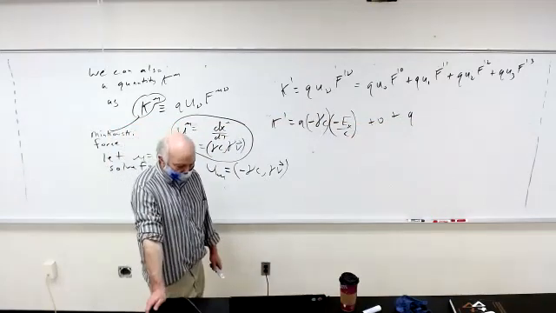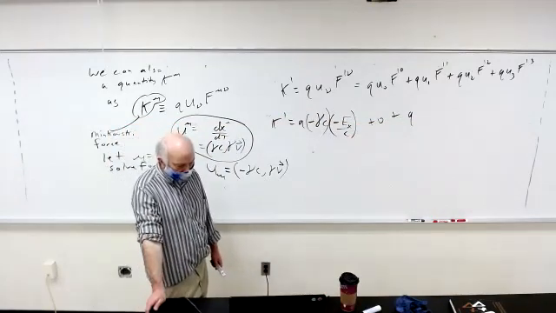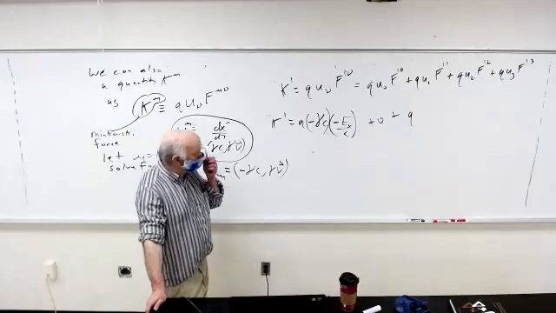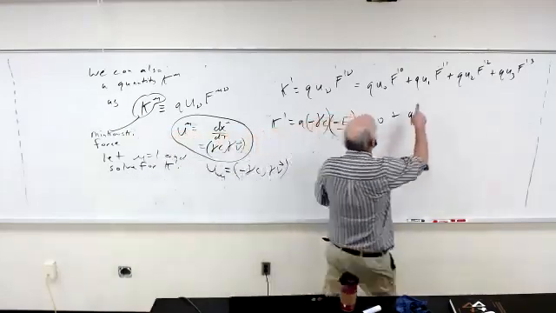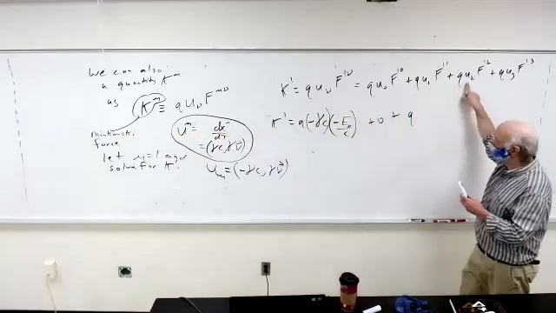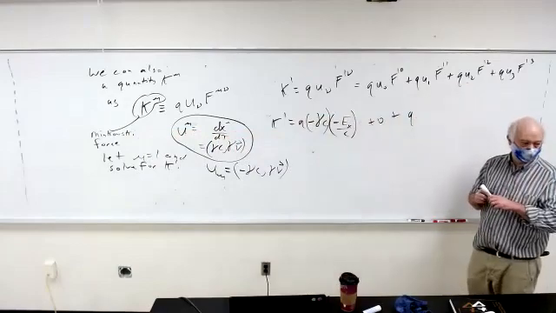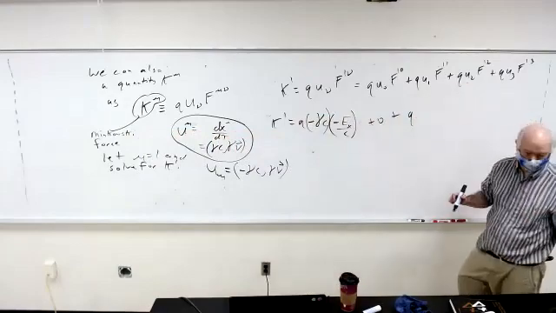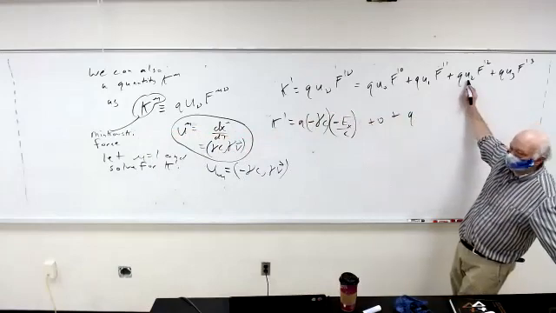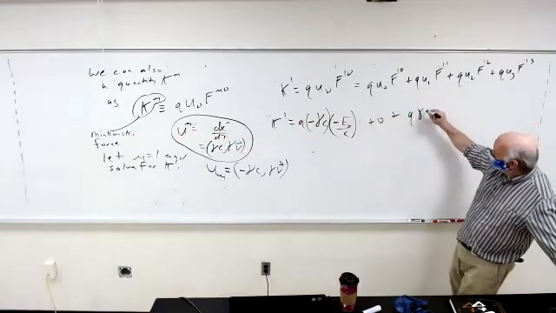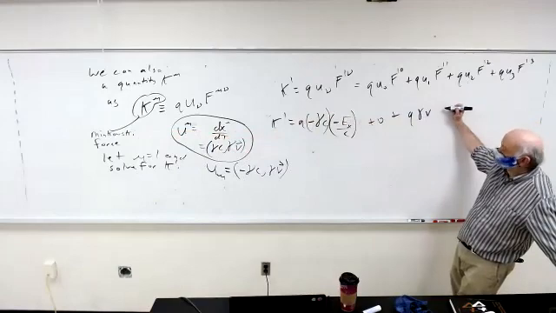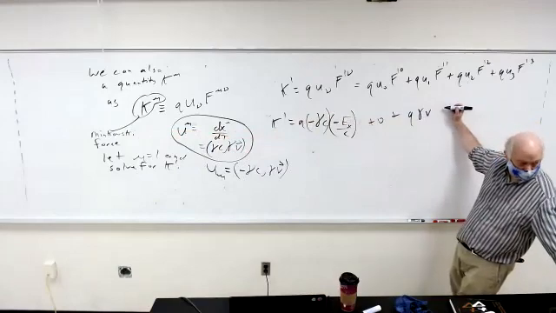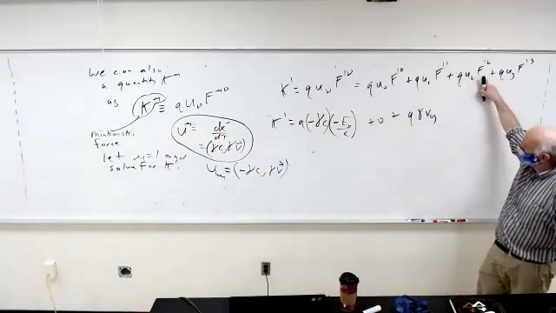Everyone good to go? Okay, now tell me about this guy. U2 is gamma V, Y, F12.